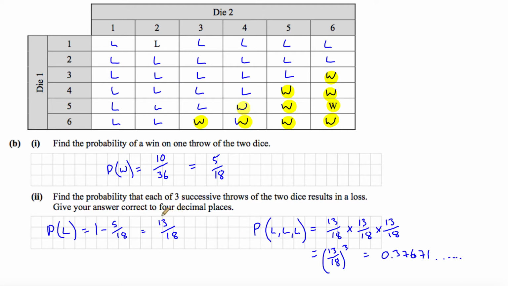Well, we're asked to give our answer correct to 4 decimal places. So we're going to look at the 5th digit after the decimal. Does this 1 affect the 7 in front? The answer is no. So the probability is 0.3767. And that's the answer to B, part 2.